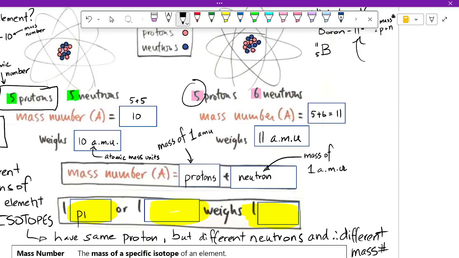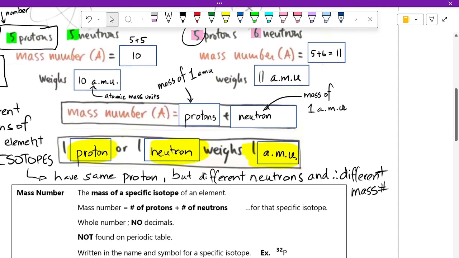Proton. Or one. What's the other thing that weighs one? Neutron. Weighs 1 AMU. So protons and neutrons weigh 1 AMU. Electrons weigh close to 0.